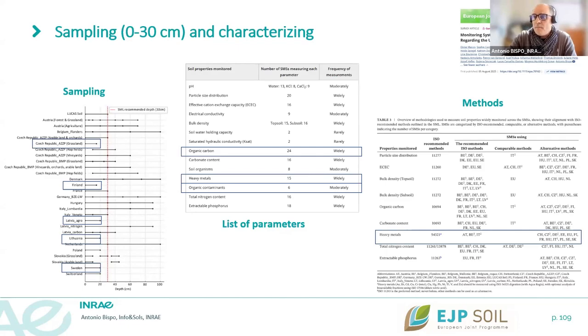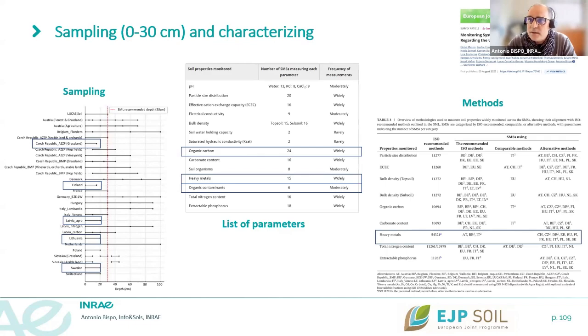And another problem is that when you look at the methods for the measurement, the second column of that table is the ISO recommended method in the soil monitoring law. And you see that only 3 countries now are using that recommended method, meaning that the others are using alternative methods. So if we need to harmonize, it will be a question of harmonizing the results between the countries.